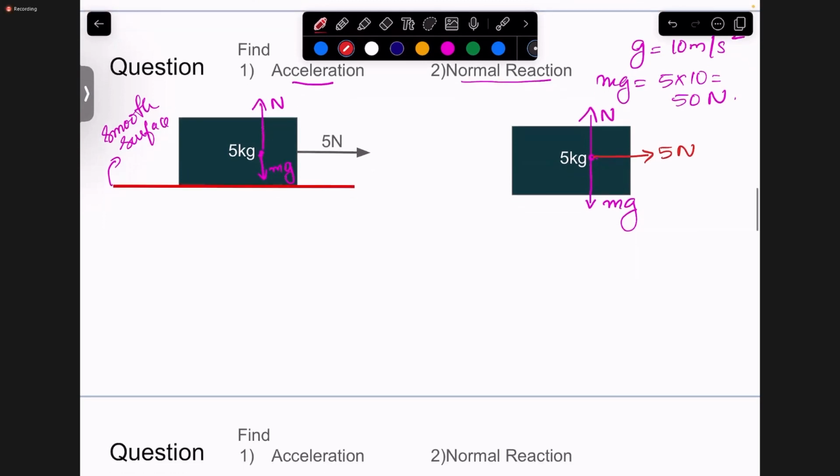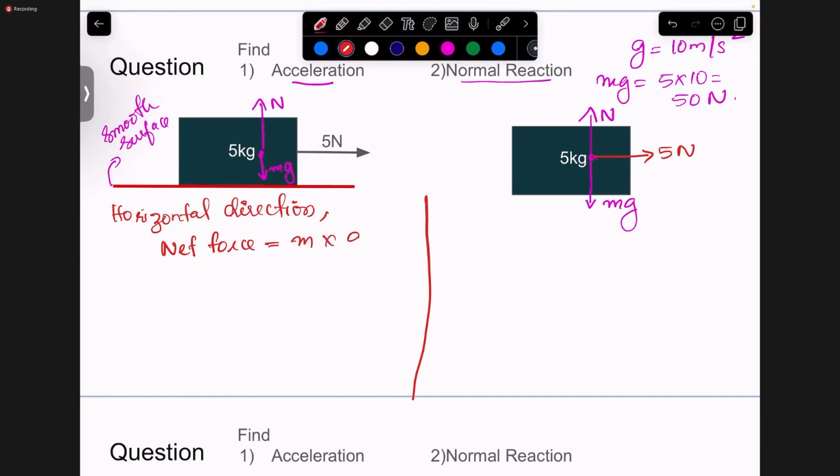Now, to find acceleration, you have to imagine the horizontal direction. So in the horizontal direction, you can see that net force is equal to mass times acceleration.